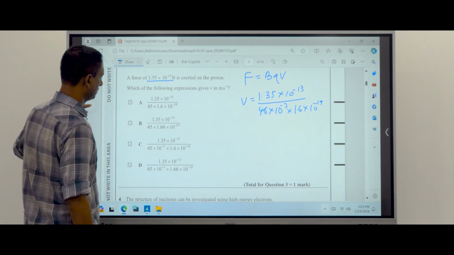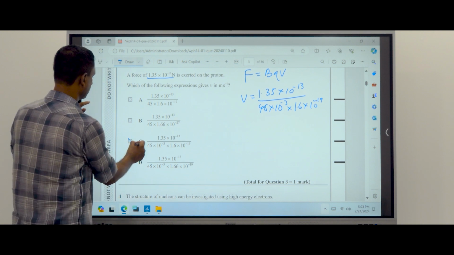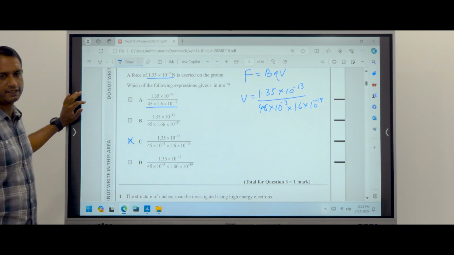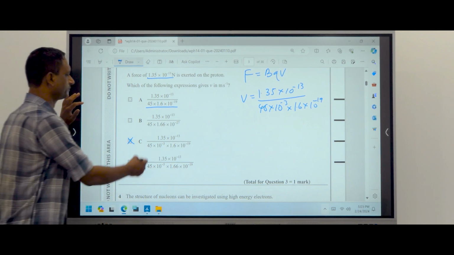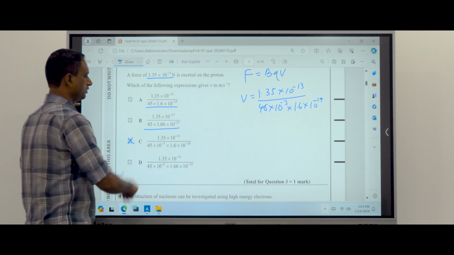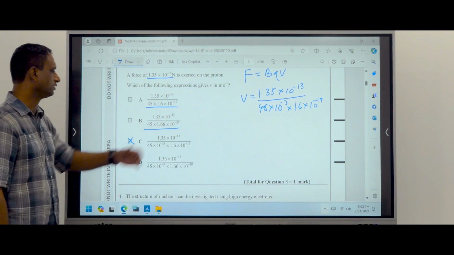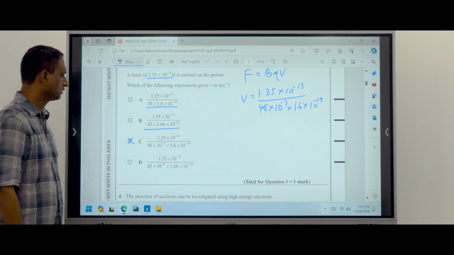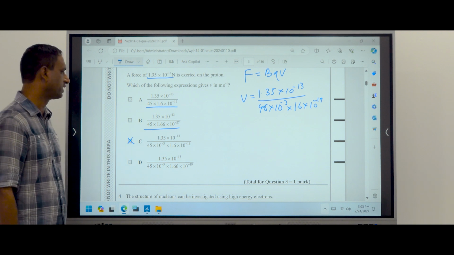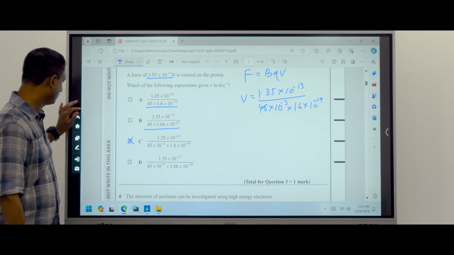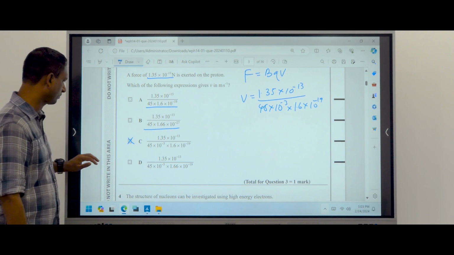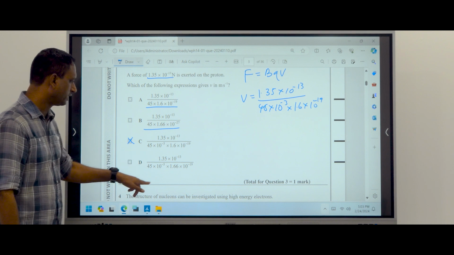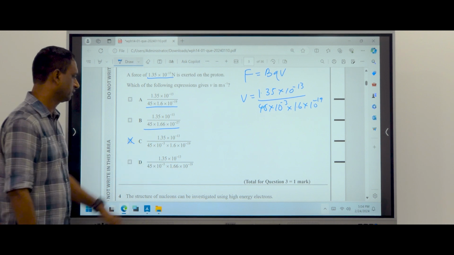The answer is this. In this one all is correct, but millitesla is not converted to Tesla. In this one, this is not the charge of a proton, this is the conversion of atomic mass unit to kilogram. The last one is similar, but look, 1.66 is there.